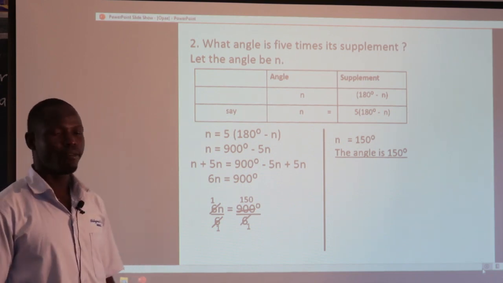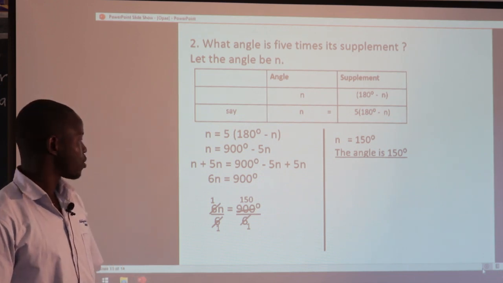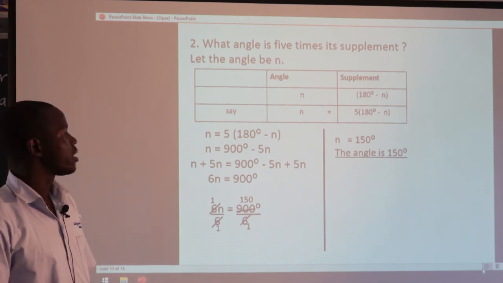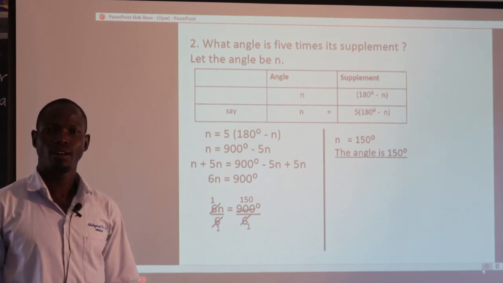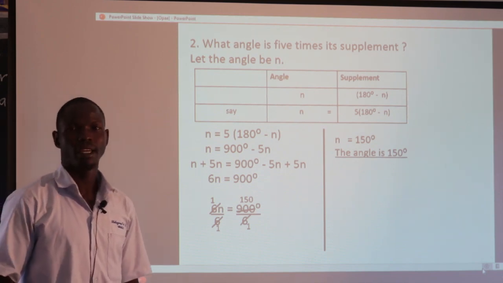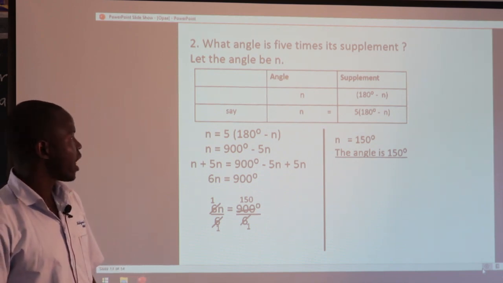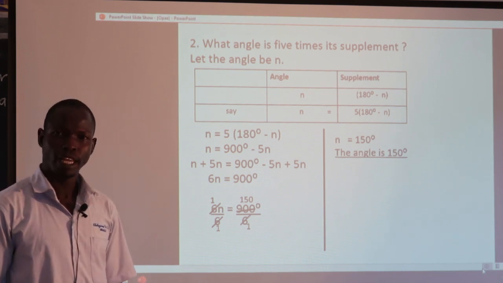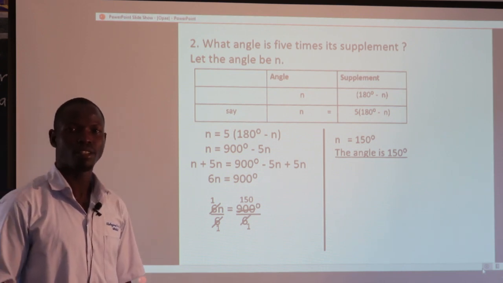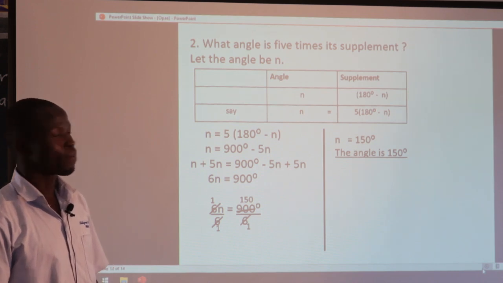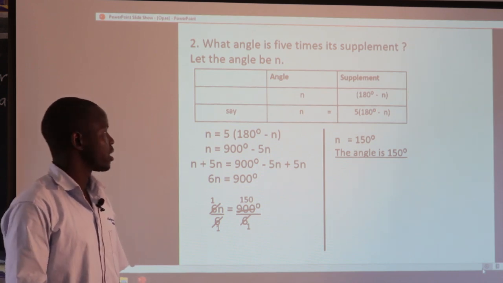In the next step, we are dividing by 6 on both sides. So N is equal to 150 degrees. And therefore, the angle is 150 degrees. Boys and girls, I hope you're following those steps very carefully. I request that you do that and master the idea, because such questions can be asked.